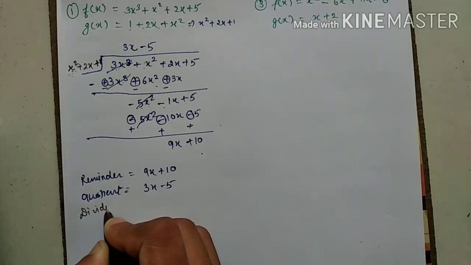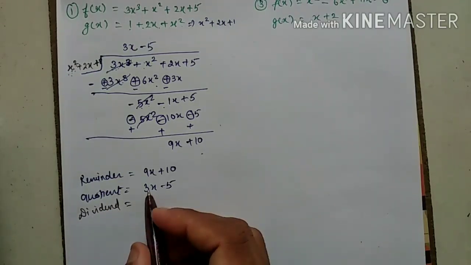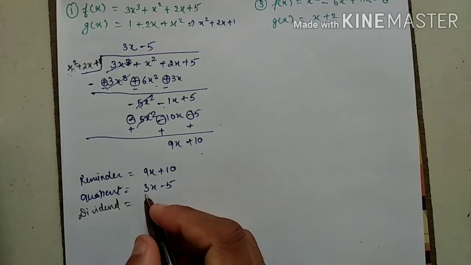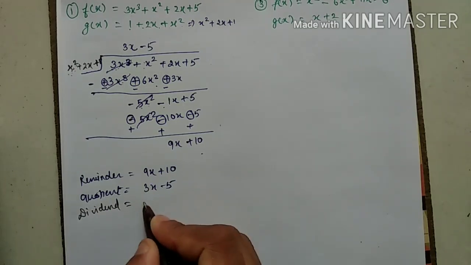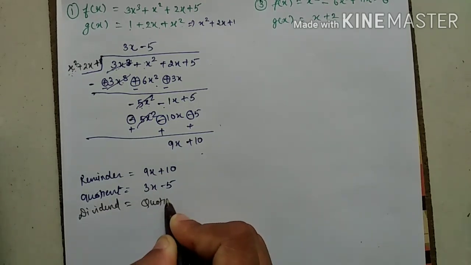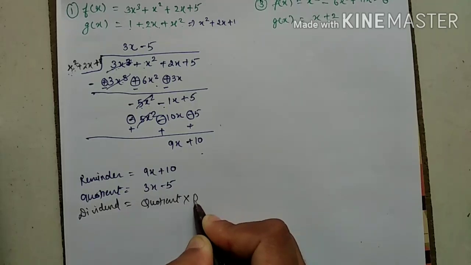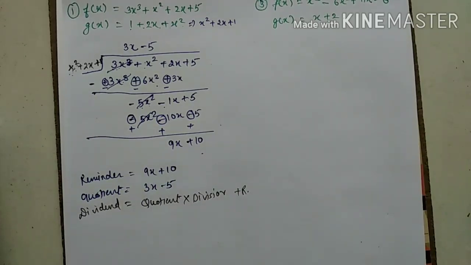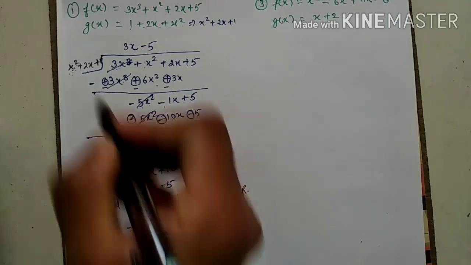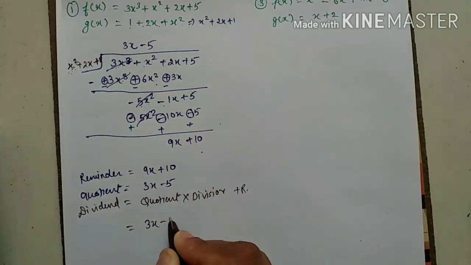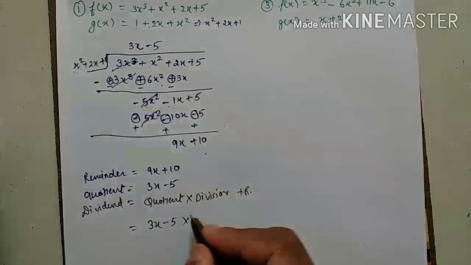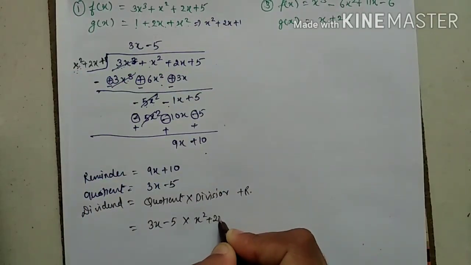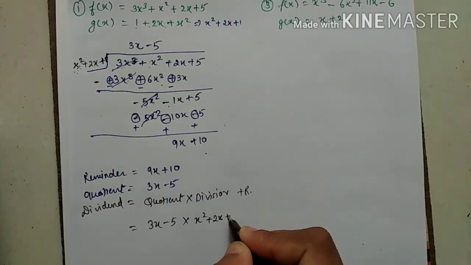Dividend is equal to what? Quotient into divisor plus remainder. Correct or not? As you know, my quotient is 3x minus 5. Divisor is what? x square plus 2x plus 1.